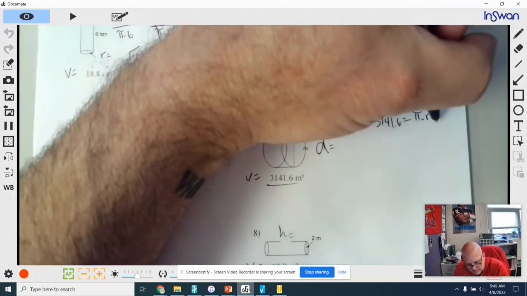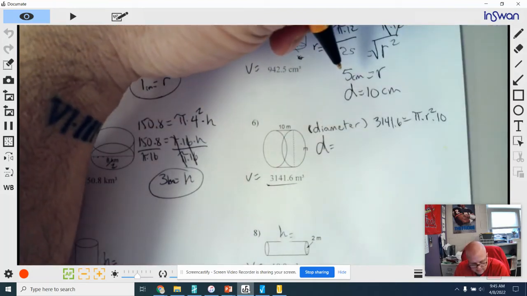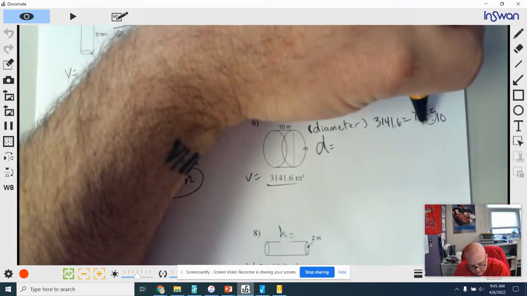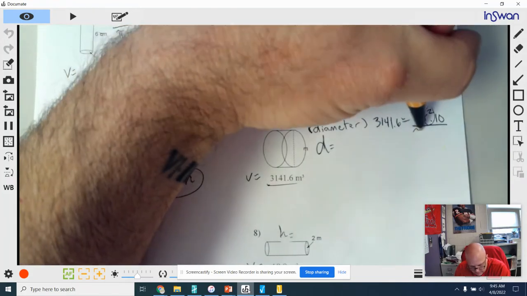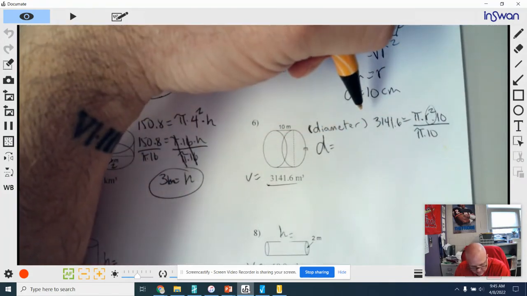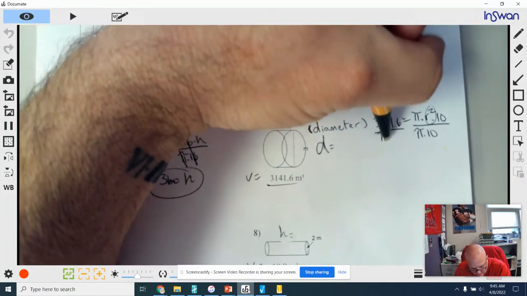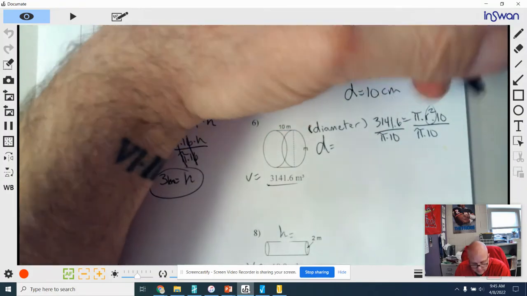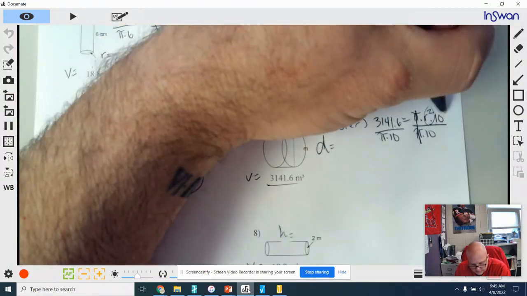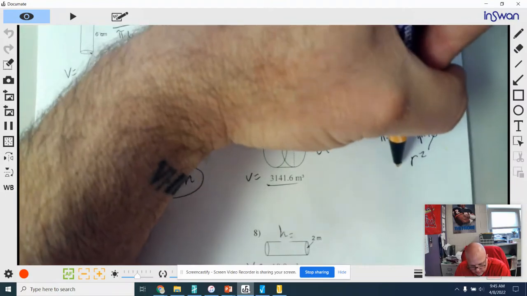And then times the height, which they give us as 10. Okay, so I want to isolate that radius squared, which means I'm going to divide by pi times 10 right there. Come over here, divide by pi times 10. So it cancels, we're left with r squared.